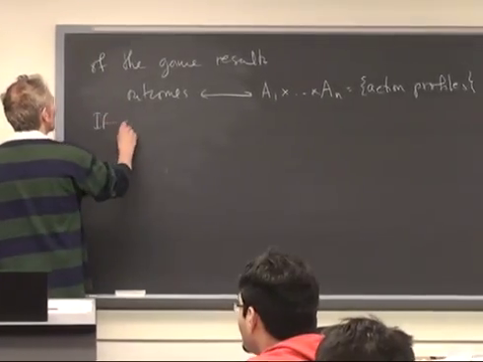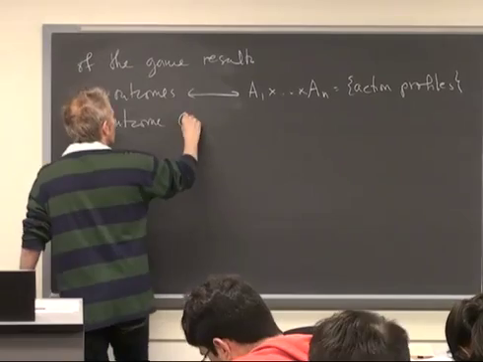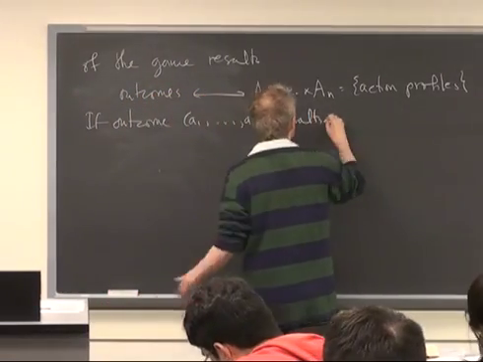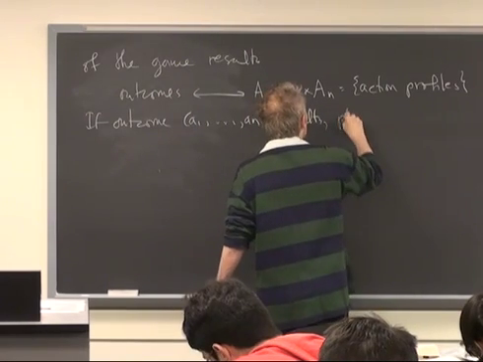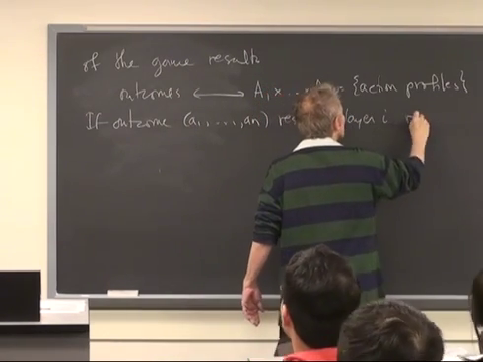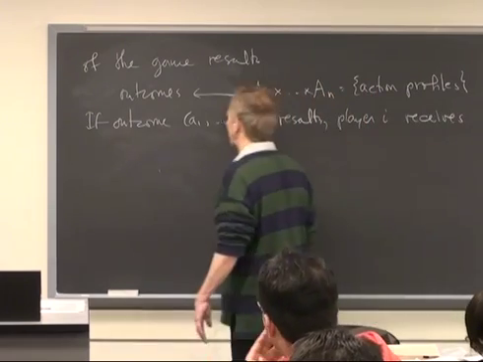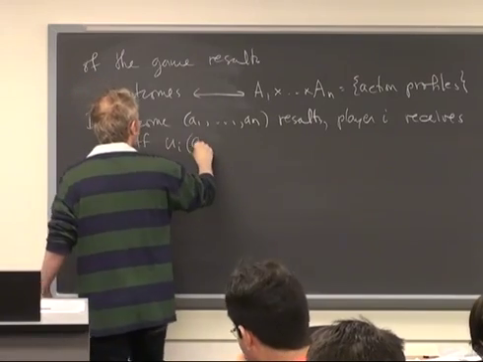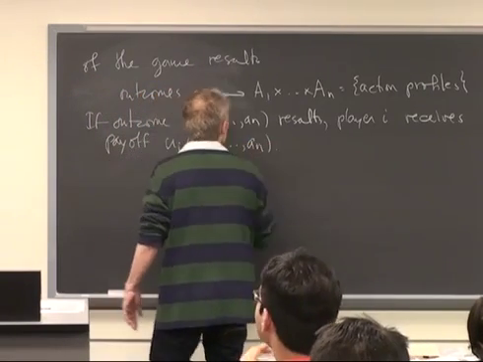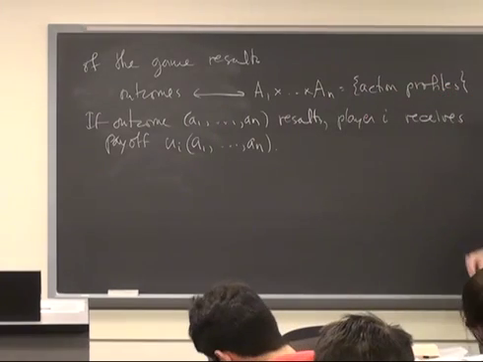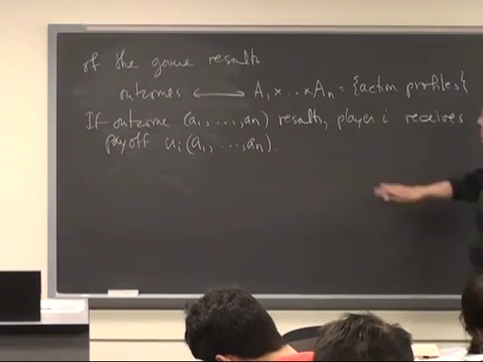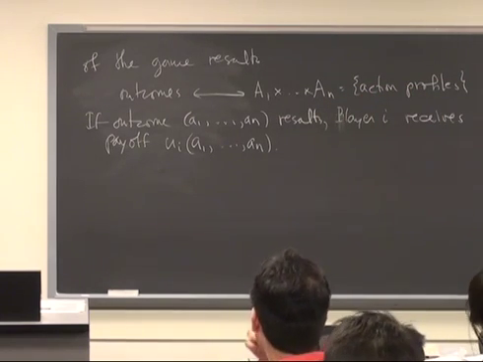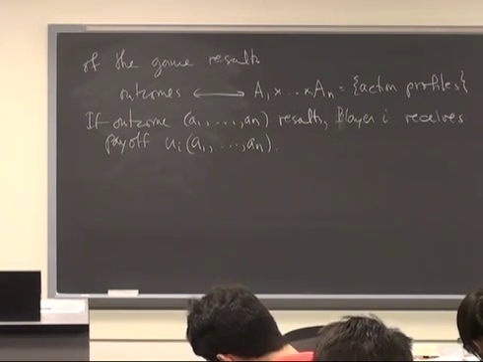So if outcome A1 up through AN results, action profile, outcome whatever, player I receives payoff u sub I of that outcome or action profile. And I'm going to try to be consistent and put capital P for player because that's the way they do it in books and stuff. And I think that's the way they do it in the handout as well.